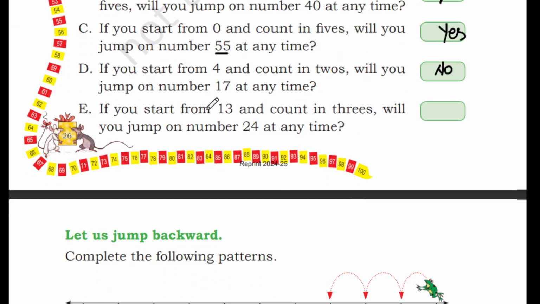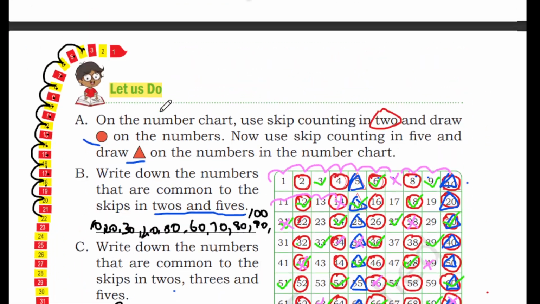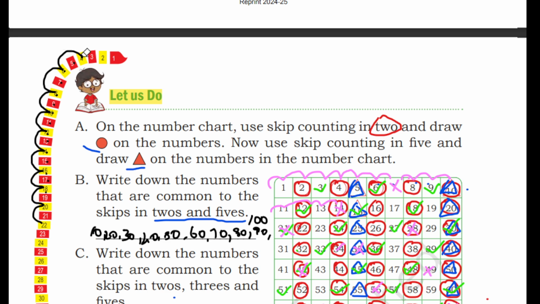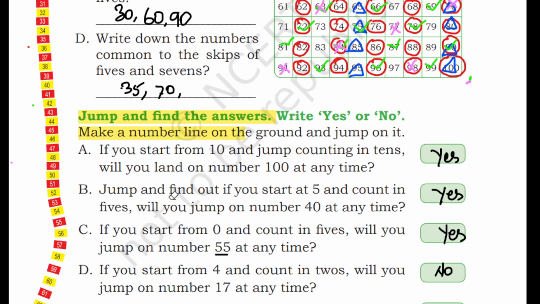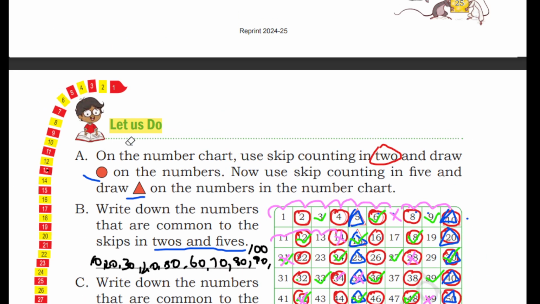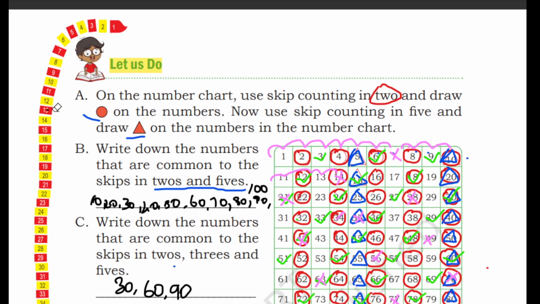If you start from 13 and count in threes, will you jump on number 24? So now again we will erase all these. Okay. So what they're asking, if you start from number 13 and count in threes. So where is number 13 here? So number 13, count in threes.